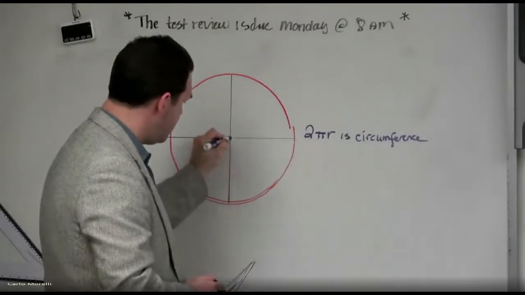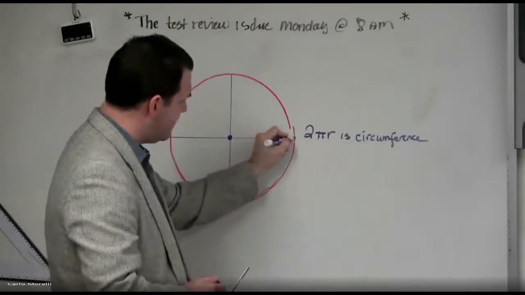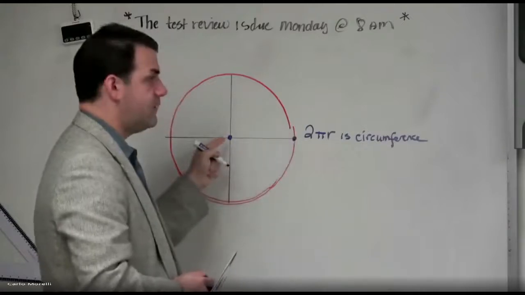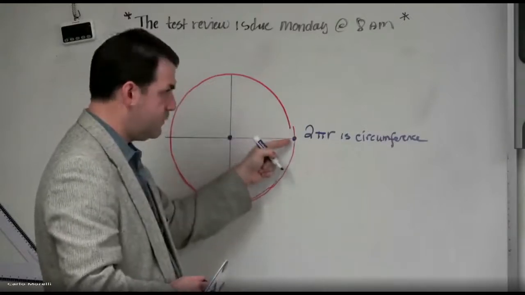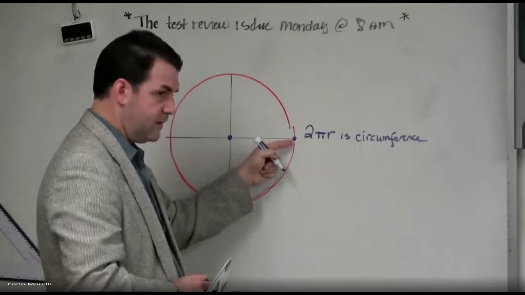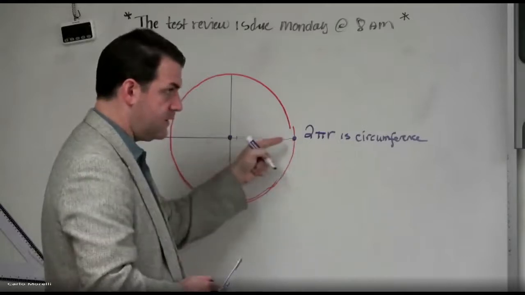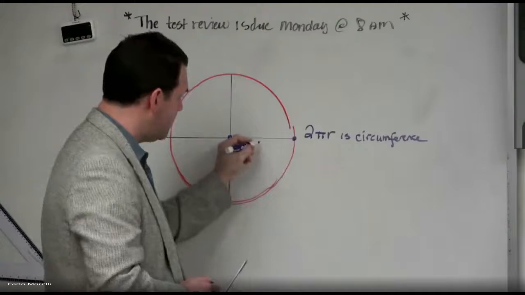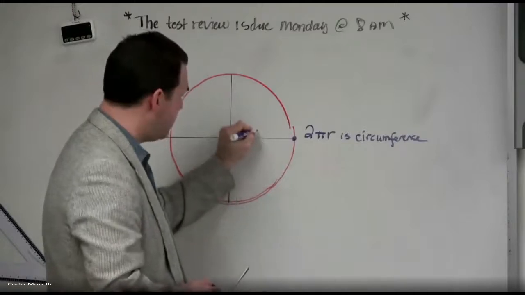Let's assume that the distance from the center of the circle to the edge of the circle, from here to here, this radius, let's assume it is 1, just 1 unit.